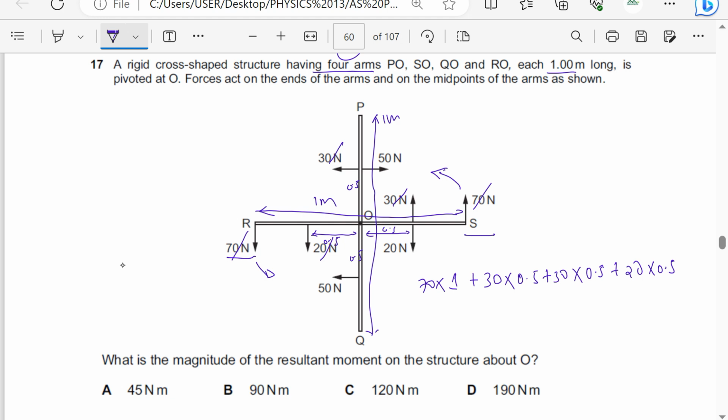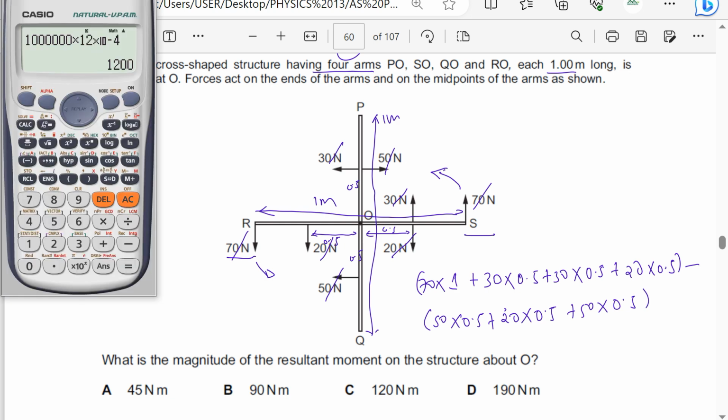Then I will say minus clockwise moments. For clockwise moments, I have 50 times perpendicular distance 0.5, then I have 20 times 0.5, and I also have this 50 here times 0.5.